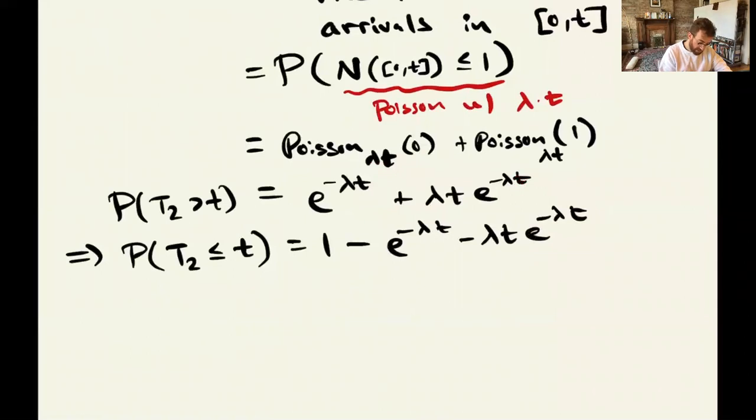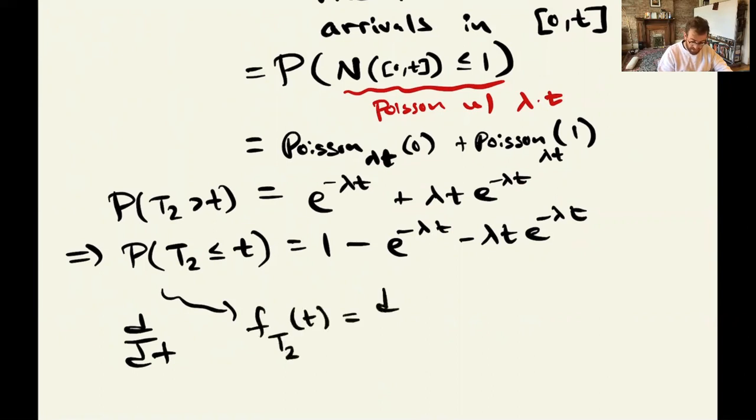So now by differentiating, taking d dt, I get the probability distribution of t2 is d dt of 1 minus e to the minus lambda t minus lambda t e to the minus lambda t.